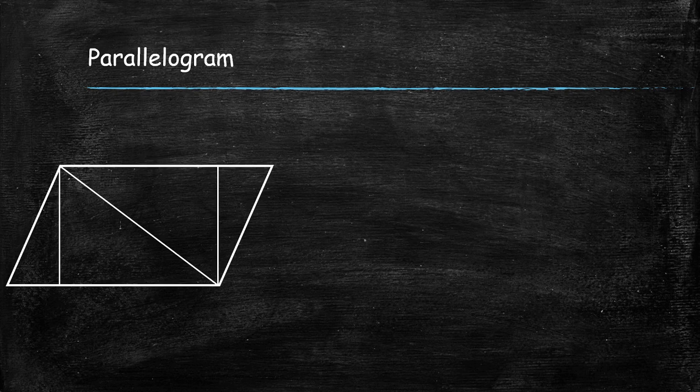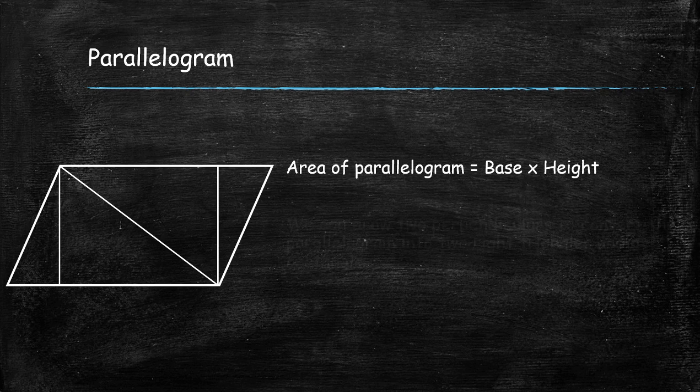The rectangle which is in the center, we can divide it into two right triangles by drawing a diagonal. We get four right triangles. Two small right triangles are equal and two large triangles are equal. The area of parallelogram is base into height.